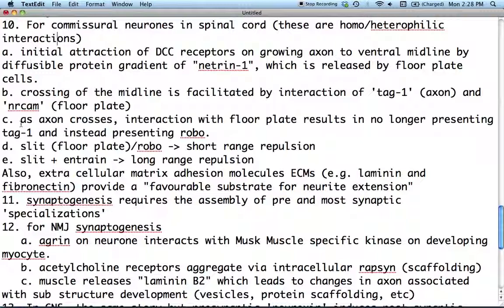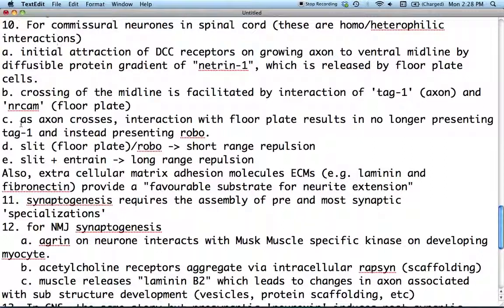So you've got your axon extending from a neuron, from a soma in the central nervous system. Now, initially, there's going to be attraction of the DCC, which is the deleted in colorectal cancer receptor.